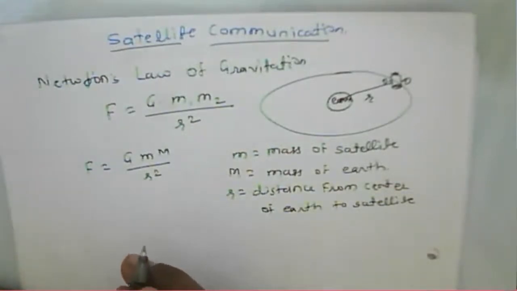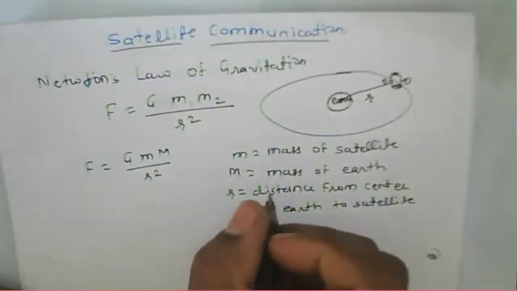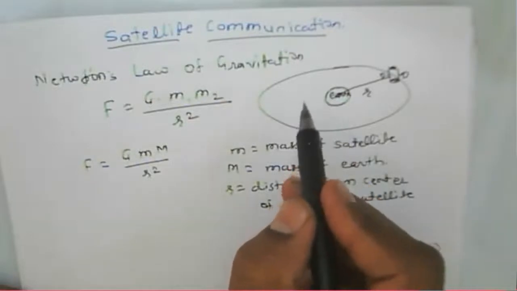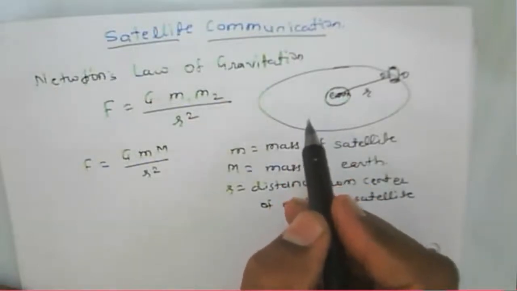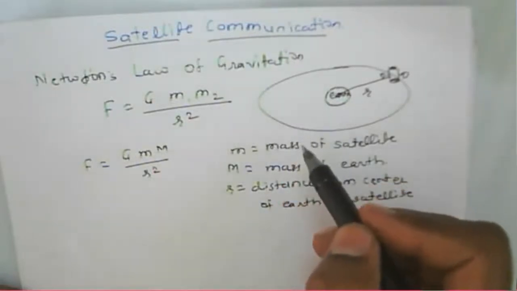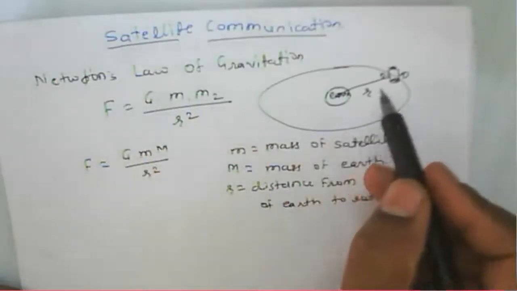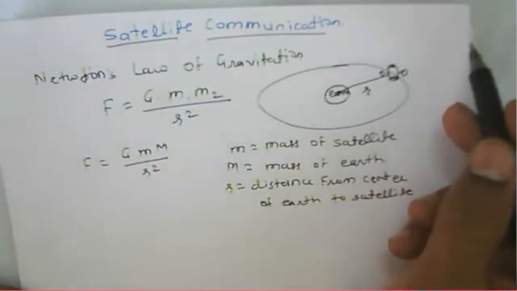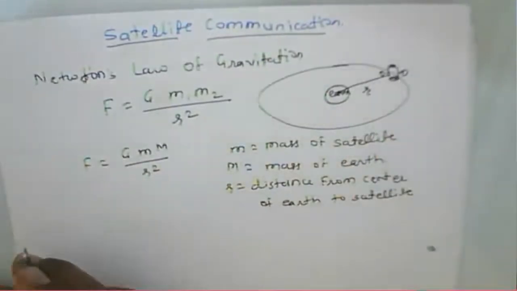The satellite is rotating around the earth because of the gravitational force. The satellite is pulled radially toward the center of the earth, and because of the velocity there will be a centrifugal force and a centripetal force.